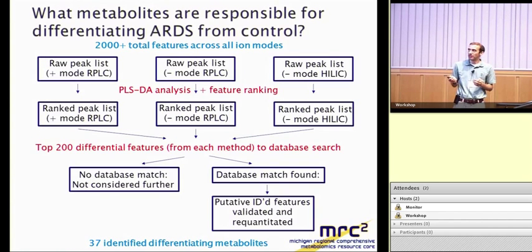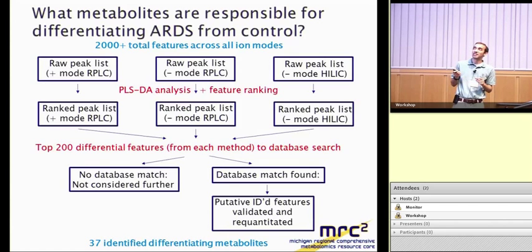That's the process of validating those features. We then did requantitation. We go back in and manually look at all of our peaks, make sure they're integrated properly, and then do another set of statistical analysis on those. Now we're basically in the frame of targeted metabolomics where we have a list of features. And after all of this funneling down, we wind up with 37 confidently identified differentiating metabolites between the groups.